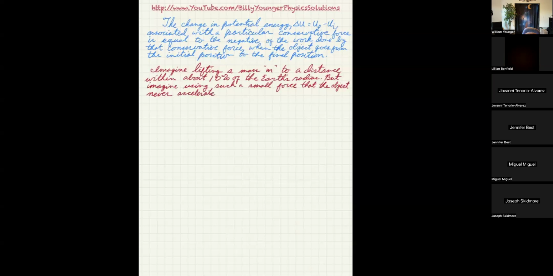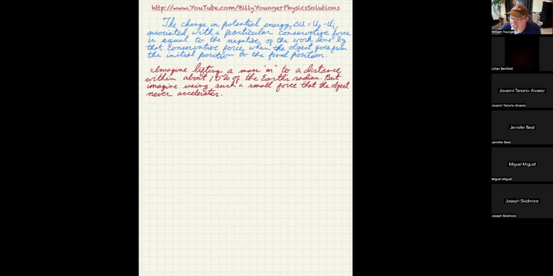The reason why, of course, is if we actually imagine the object having such a force on it that it's able to accelerate, then it's going to acquire some kinetic energy, and that kinetic energy is going to disturb our attempt to calculate the potential energy, because all we really want to change is the potential energy.